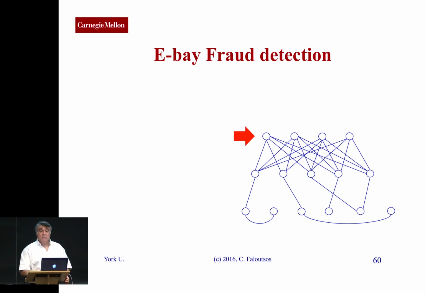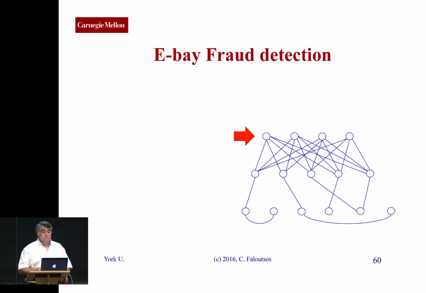The goal is we have eBay accounts, so every node is an eBay user, and an edge means that there was a successful transaction between the two. So this node sold something to that node, and they gave positive feedback to each other. Almost all feedbacks on eBay are positive. The negative feedback is a declaration of war, and usually one of the accounts will shut down, because people almost never complain, by etiquette.